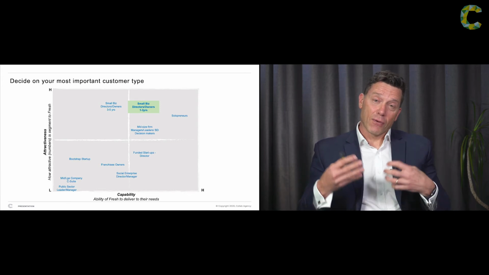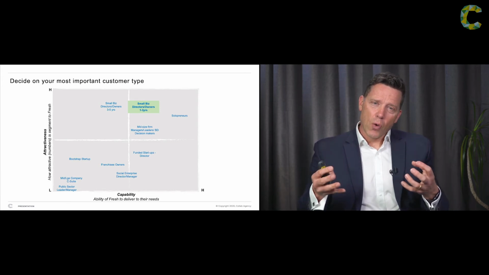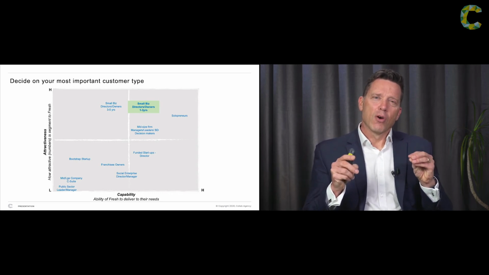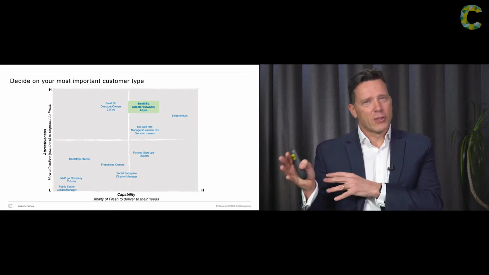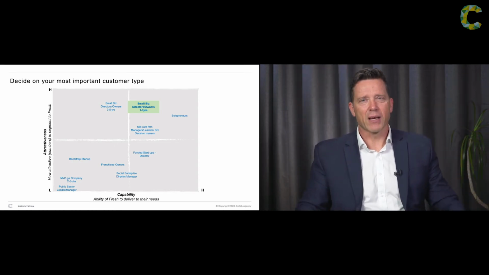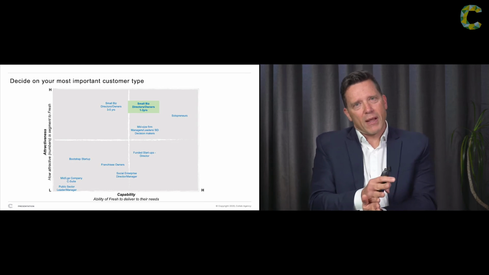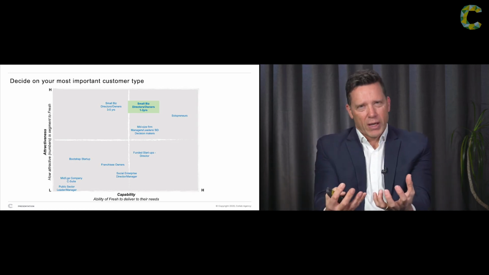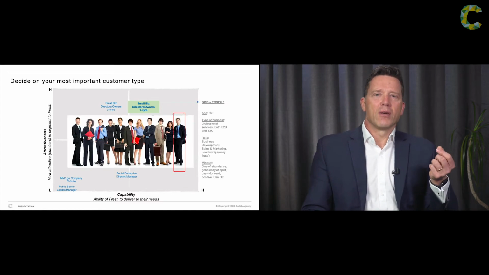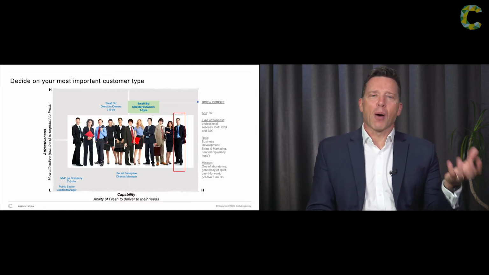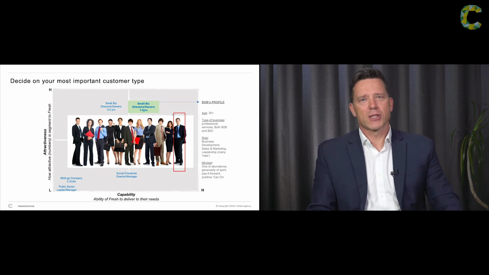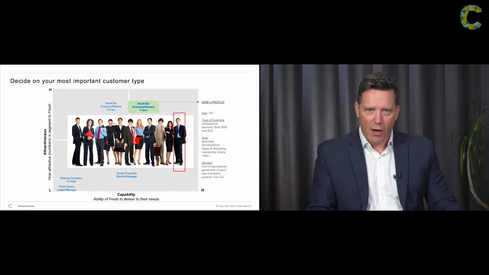So in this case, for Fresh, our chosen audience to go after was small business owners or directors who have been in business for 1 to 3 years. It wasn't the solopreneurs who just were in a slight state of panic, but who had been through a little bit of that growing pain and now were looking to grow their businesses. Then we put a face to it, so we called him Bob the business owner.